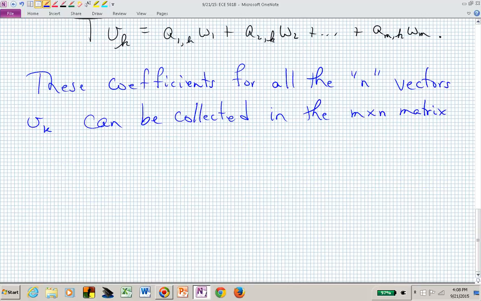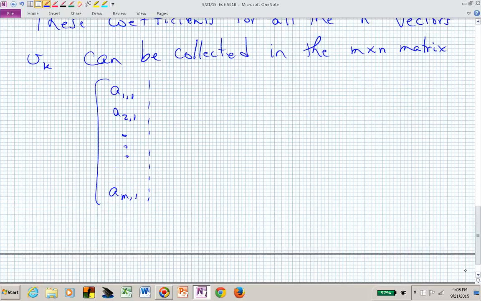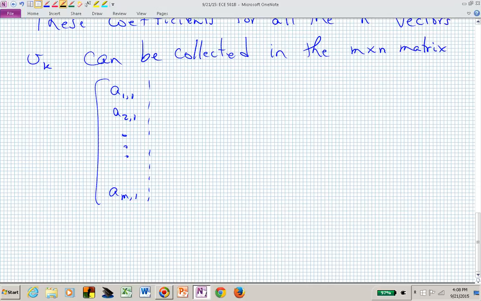That matrix now is a sub 1 comma 1, a sub 2 comma 1, down to a sub m comma 1. And those are the A's that are actually associated with the weighting of the codomain basis vectors corresponding to TV sub 1.